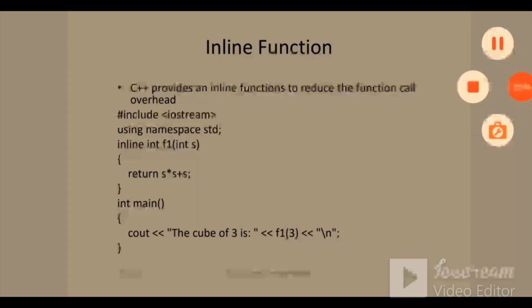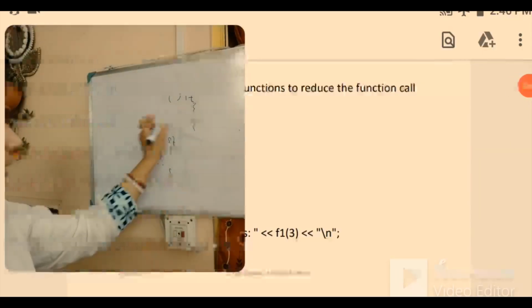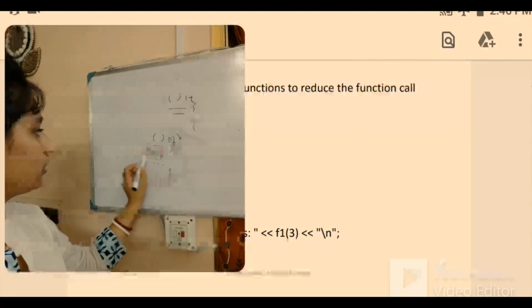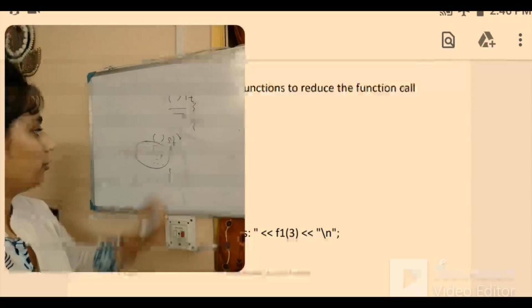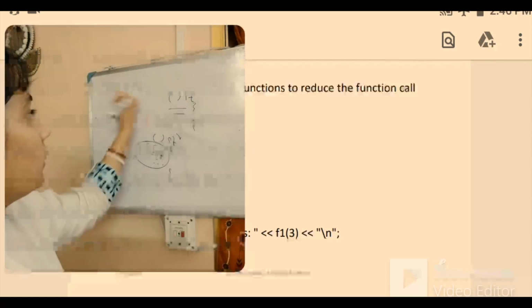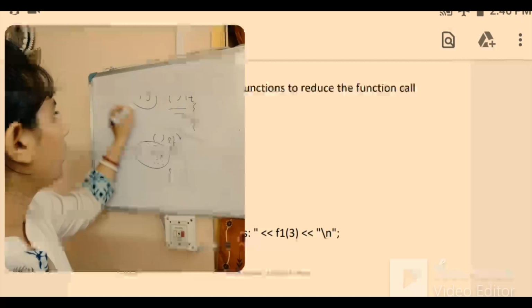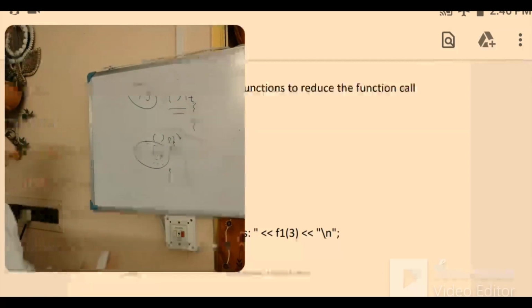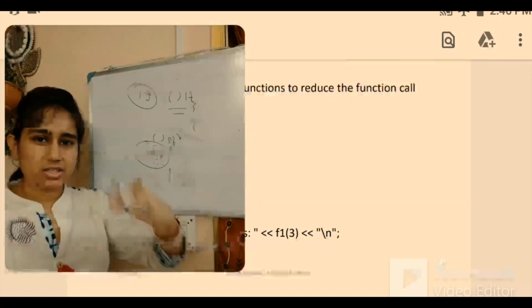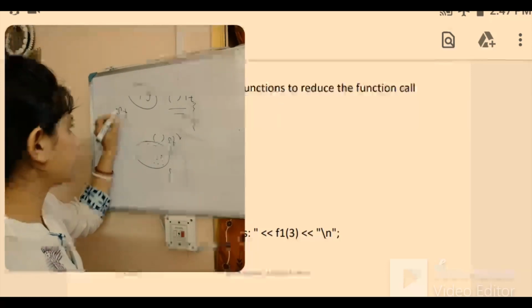Think about a situation where I have an f1 function and an f2 function. Within the f2 function, f1 will be called. Say to execute the f1 function takes t1 time, and to do all these things, saving the registers and so on, takes t2 time.